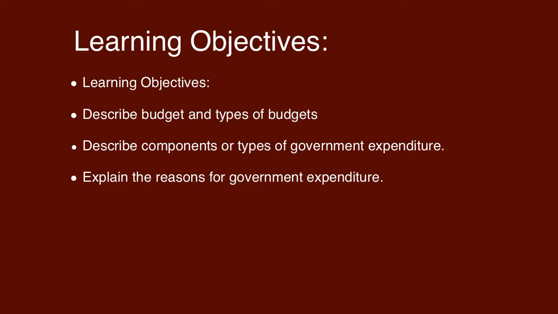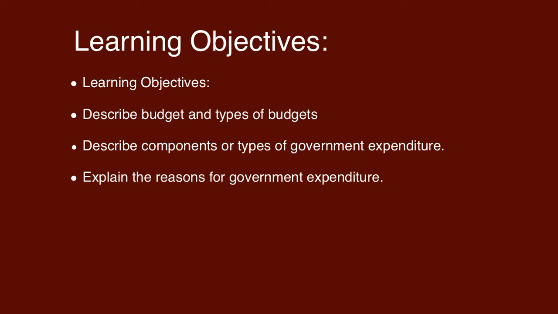The next learning objective is the components or types of government expenditure. There are two important types that you have to remember: current government expenditure and capital government expenditure. I repeat, current expenditure and capital expenditure.